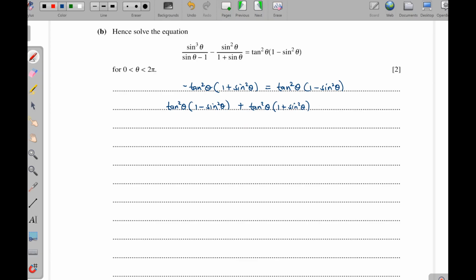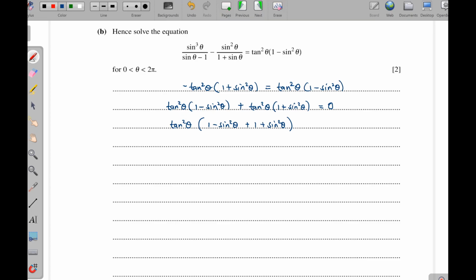And then from there, we equate this to 0. Now, tan squared theta is common, so I pull it out. Then here I remain with 1 minus sine squared theta, and then here I have 1 plus sine squared theta. Not so?